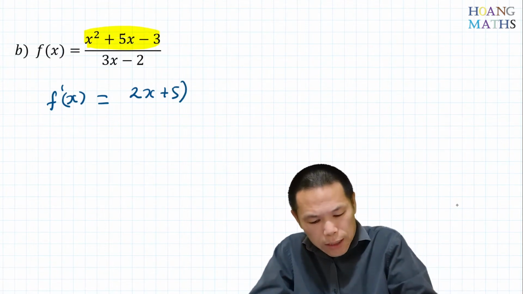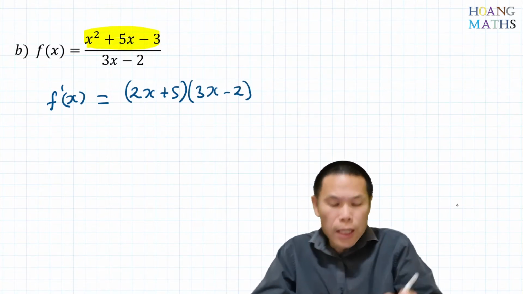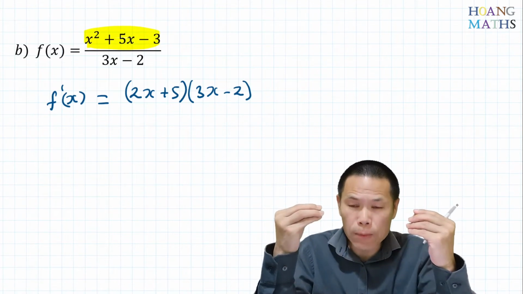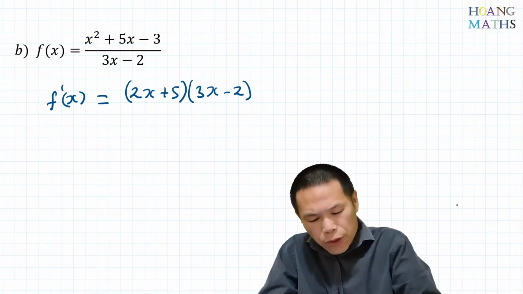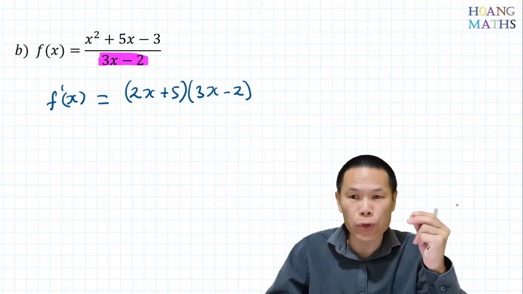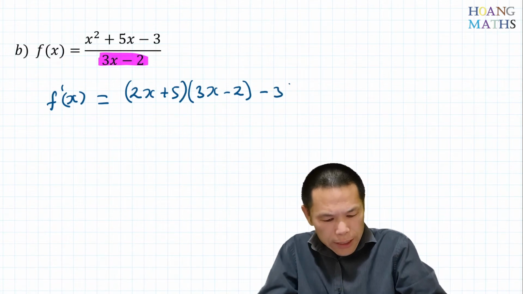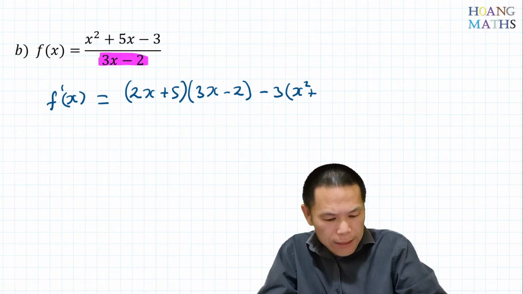Bracket this first, because it's more than one term, okay? So that's 3x minus 2. Now we need to differentiate the bottom function. To differentiate 3x minus 2 will give me 3. So I minus 3 and then times the top function, that is x squared plus 5x minus 3.